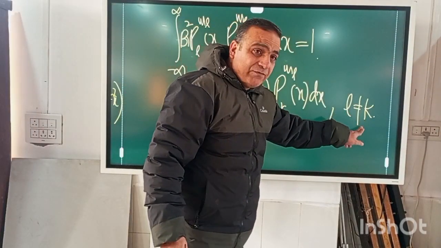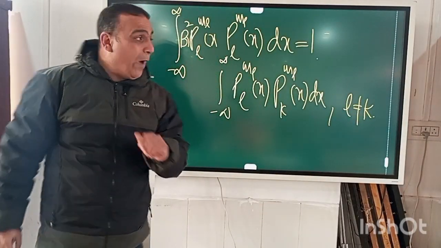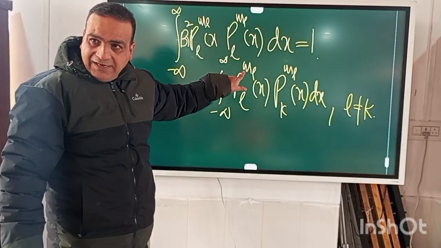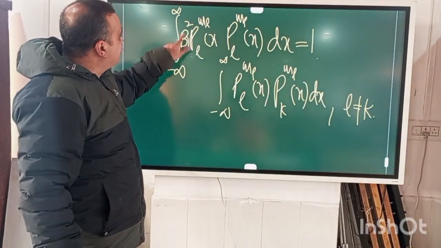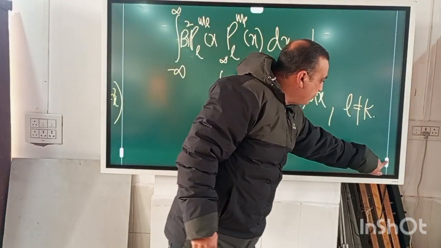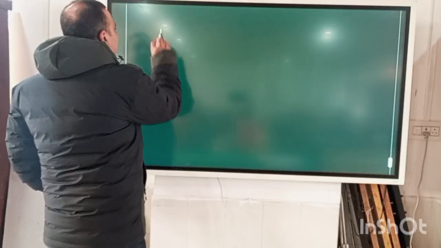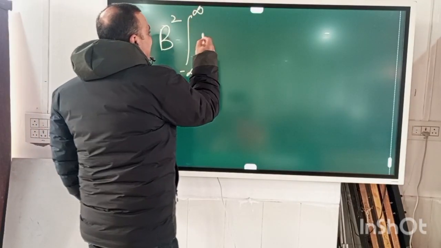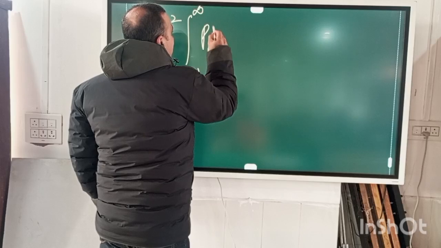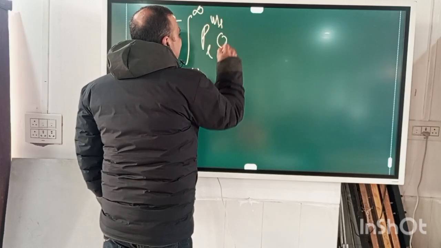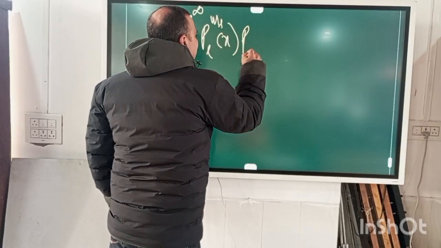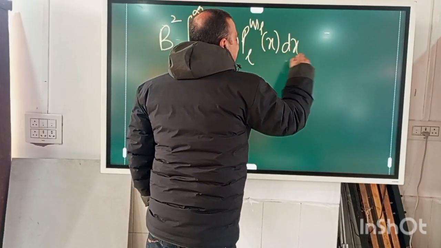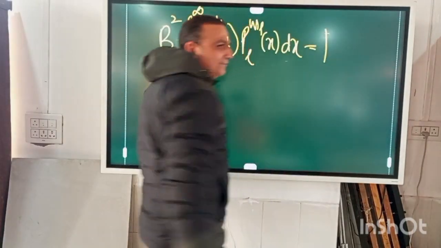But if L is equal to K, your value is equal to 1. So that's why I have put here L and L. Clear? So what I have, b square is out. Outside I have b square. Inside I have minus infinity to infinity, then I have P_L^m_L of x, then again P_L^m_L of x dx. This is equal to 1.